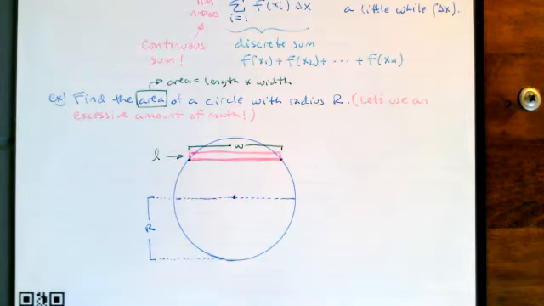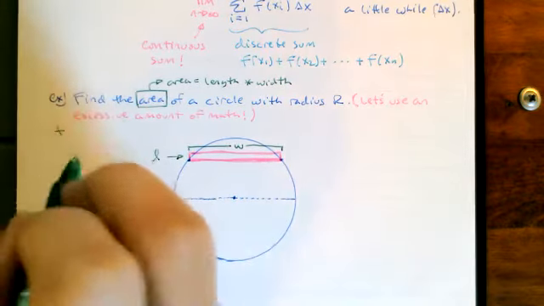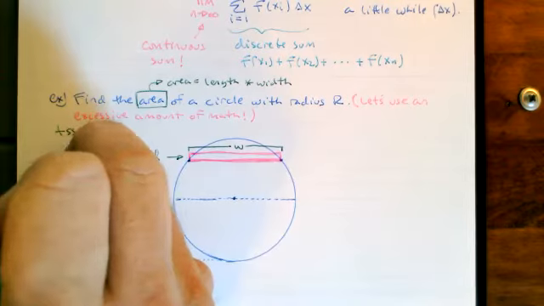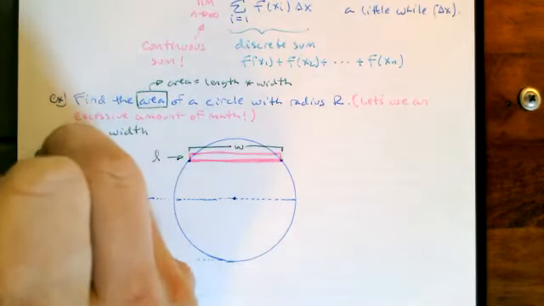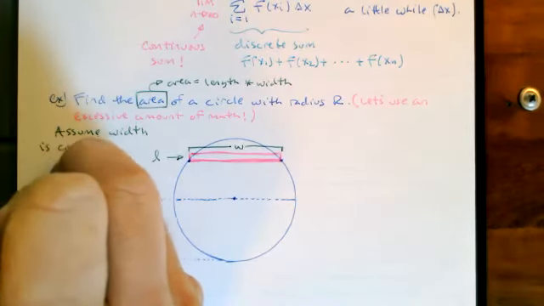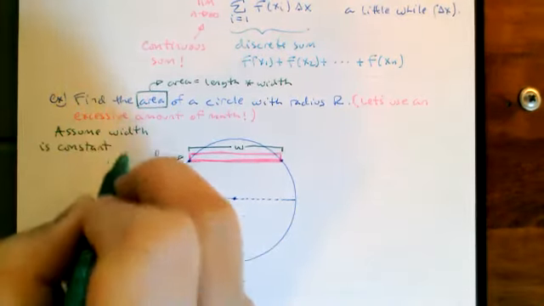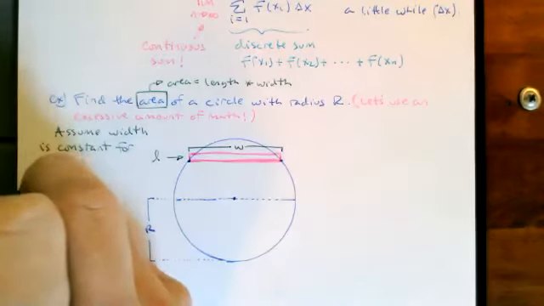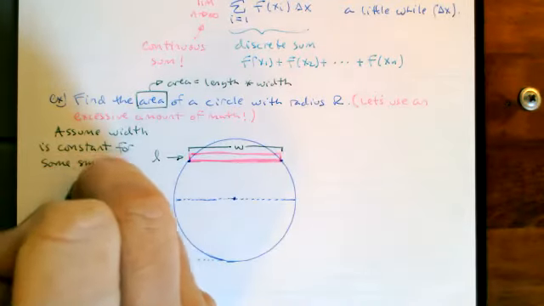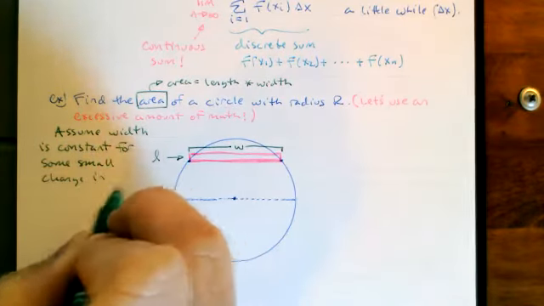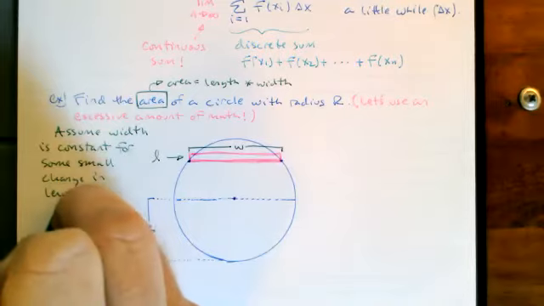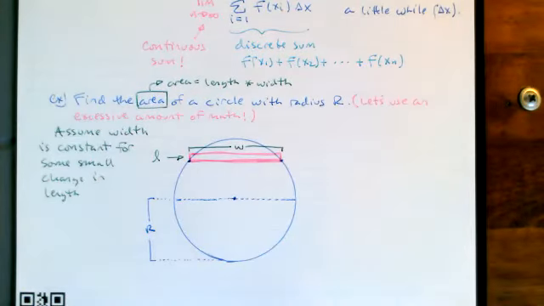Assume that the width is constant for some small change in length. The reason that we're doing this is because we want to multiply.